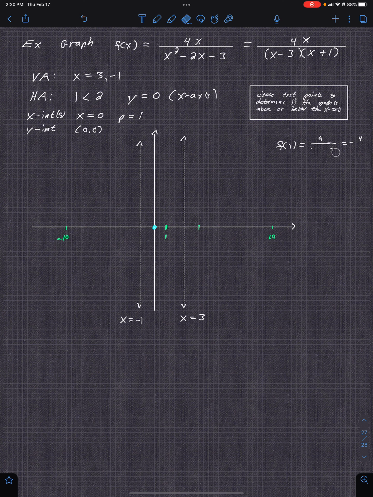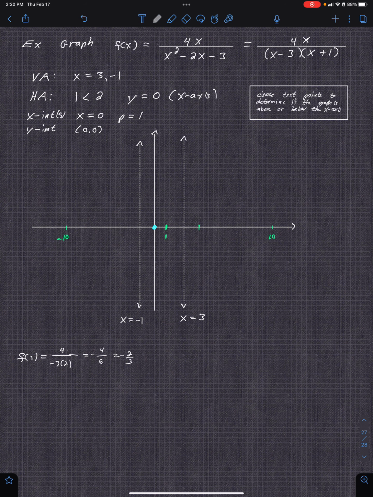It's actually easier just to plug it into here because you're just multiplying. So it's -3 times 2. So that's -2/3. So it's less than 0. Actually, let me move this over here. I don't want to do it all there. We'll just put it down here. So these are the test points you're doing.